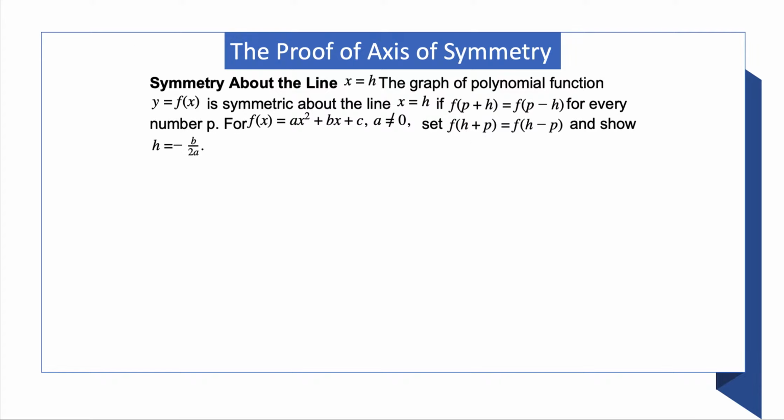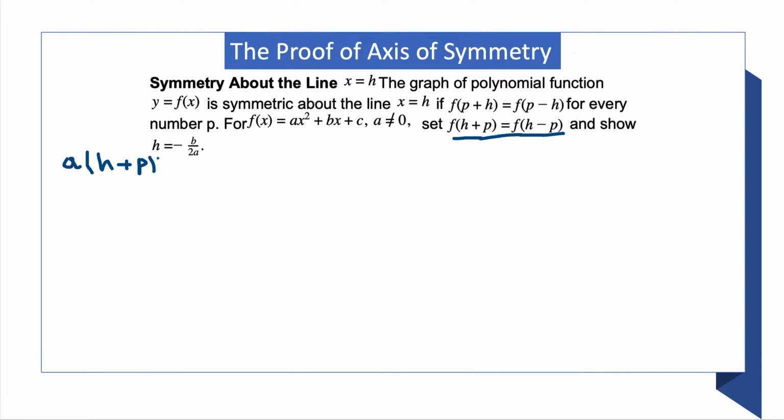But I'm going to use this equation here, to work with this equation. And now let me go with the left side. And here is a, and instead of the x squared, I'm plugging here h plus p, which is squared.